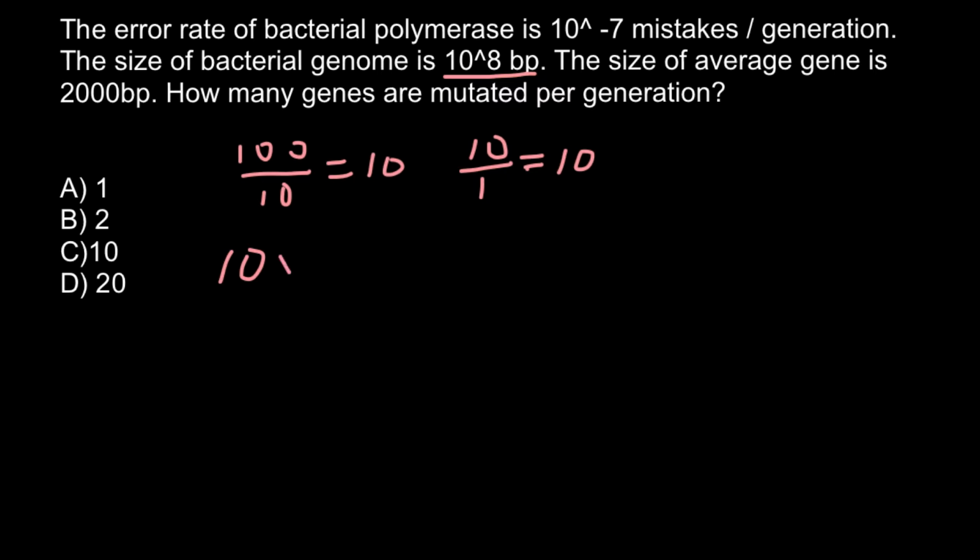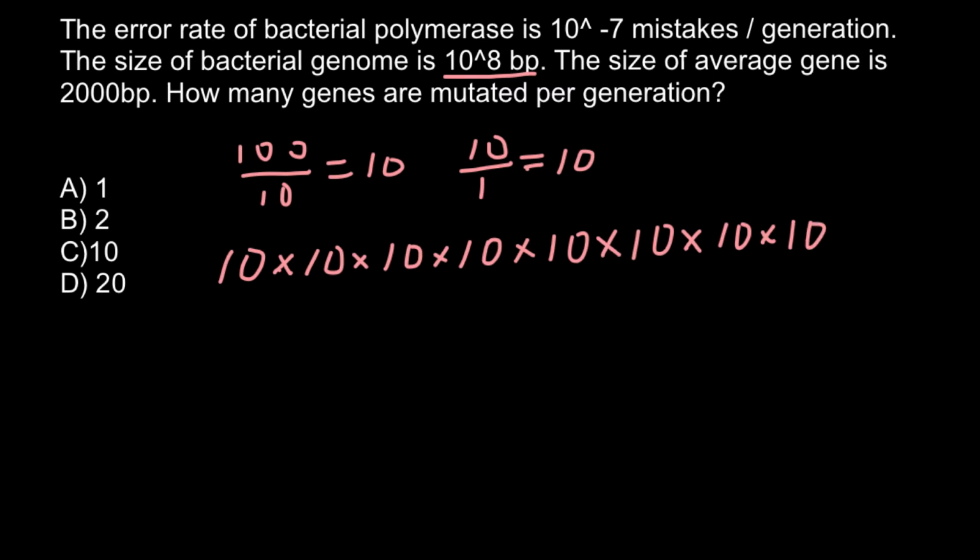So we multiply 10 by 10 by 10, 8 times: 1, 2, 3, 4, 5, 6, 2 more times.